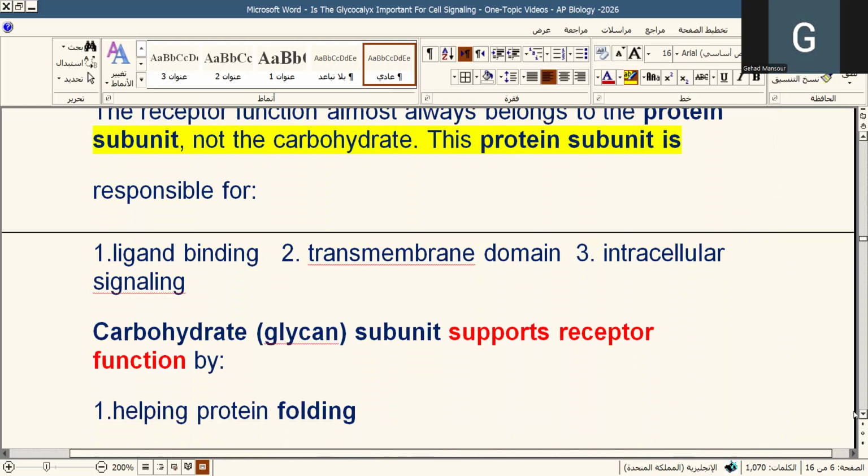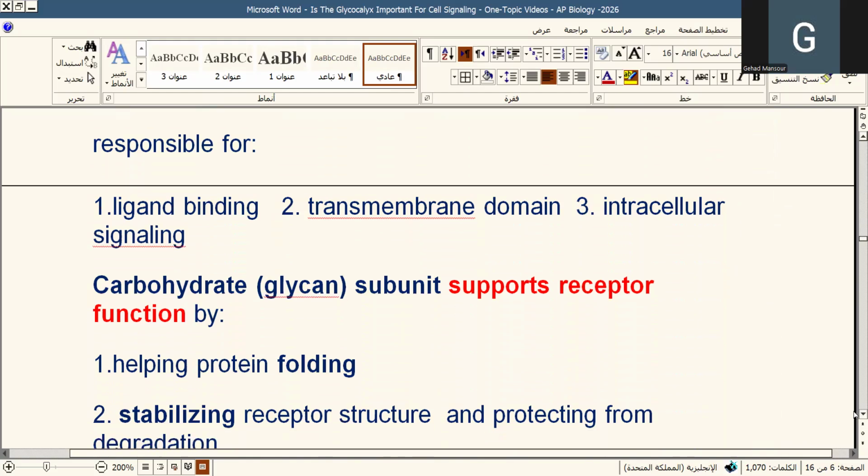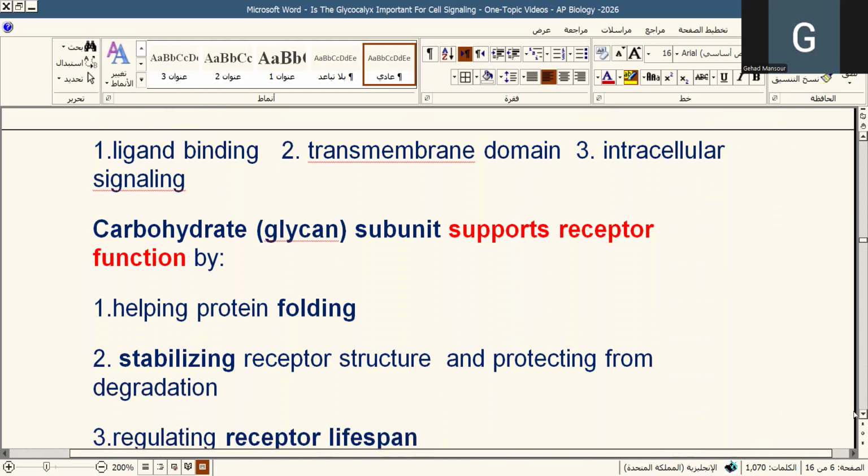So again, in the glycoprotein, similarly, the protein subunit is responsible for reception. The extracellular part is responsible for ligand binding. The transmembrane domain undergoes conformational changes upon ligand binding. And the intracellular part is usually enzymatic, or helps activation of certain substances inside the cell.